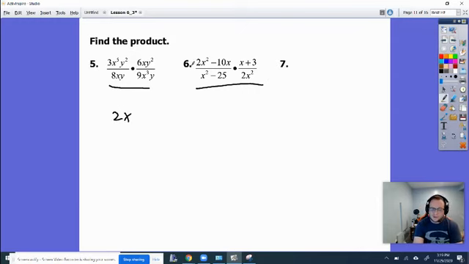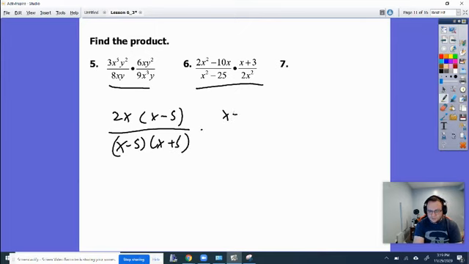So I want to take a GCF out of that first one. The denominator is going to be x minus 5, x plus 5, x plus 3, 2x squared. Now that squared is going to be important in a second. So the 2's cancel. I have 1x, I have 2 x's.